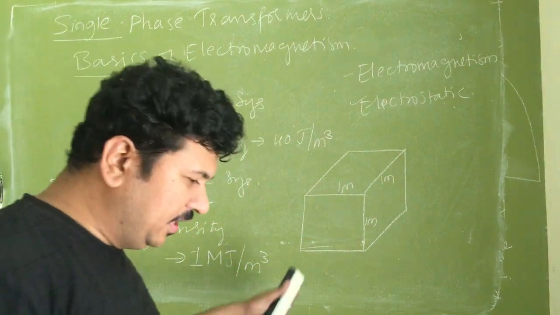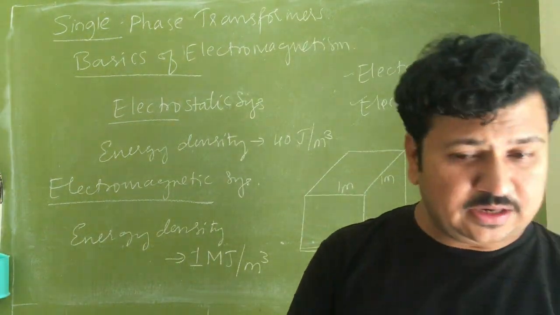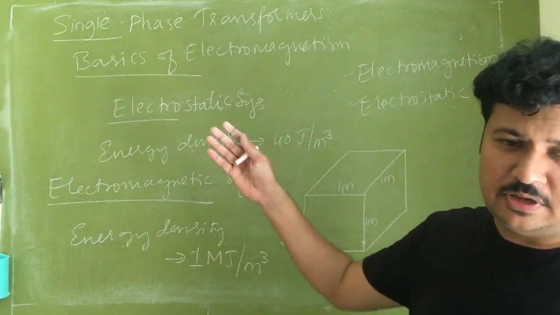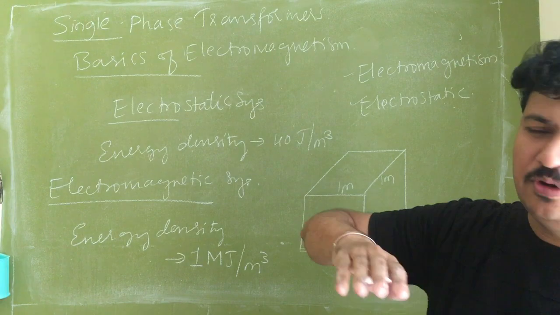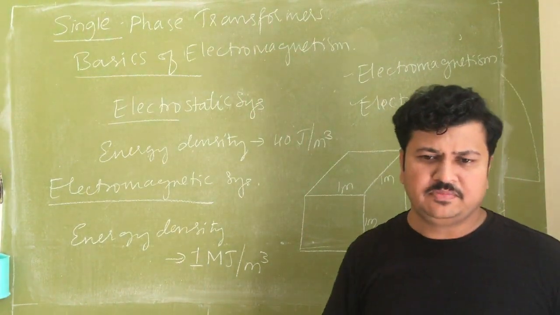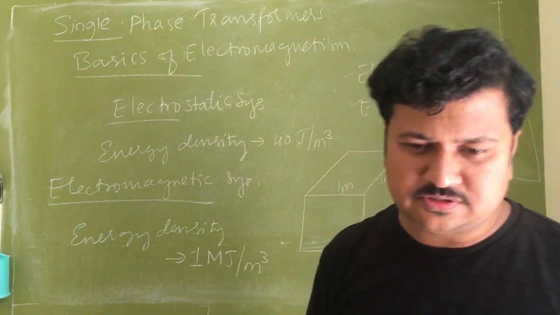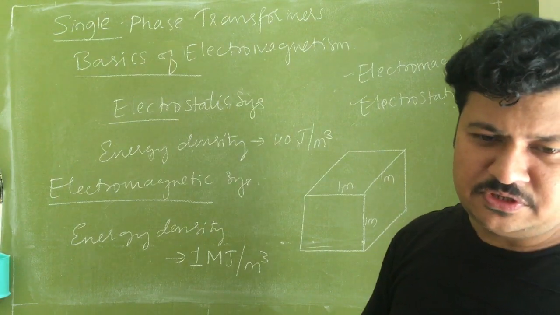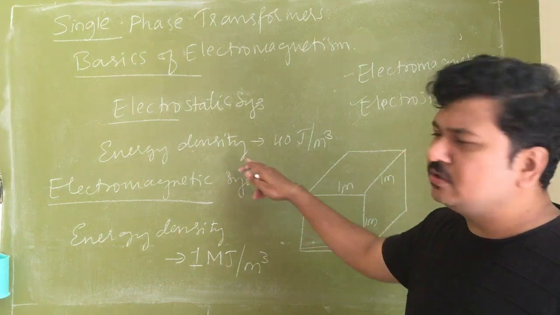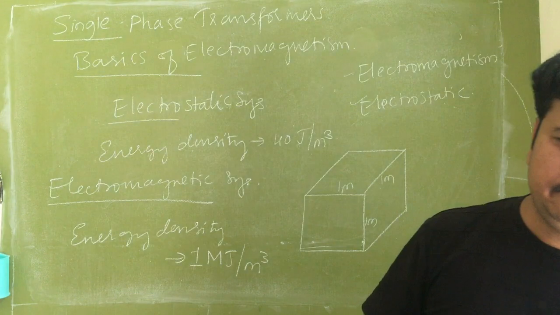So if I want to build an electrostatic system that gives the same output as that of an electromagnetic system, my electrostatic system will be 1 mega times larger than my electromagnetic system. Now suppose I want the same output, roughly, as the ceiling fan in your house, but operating on the principle of electrostatic energy storage, then the size of the fan may be of your room only.